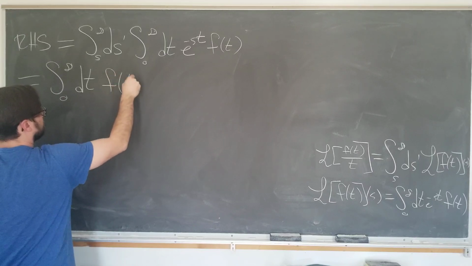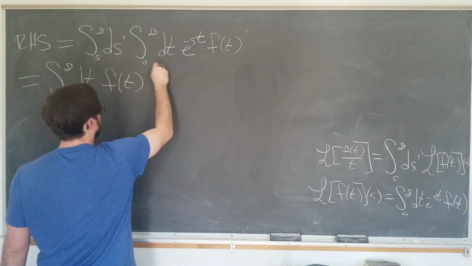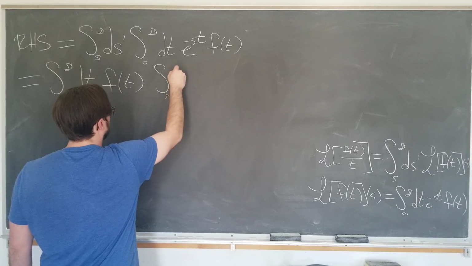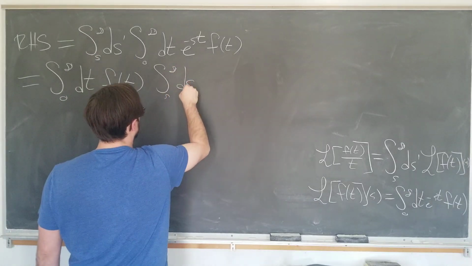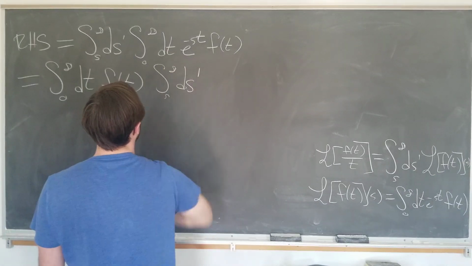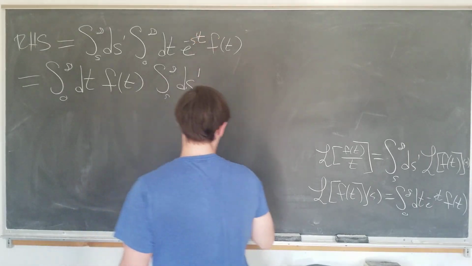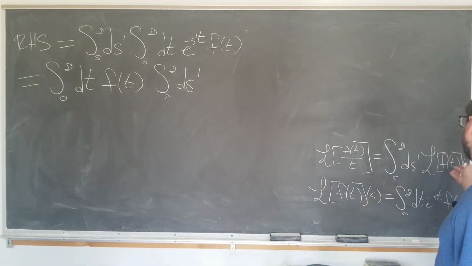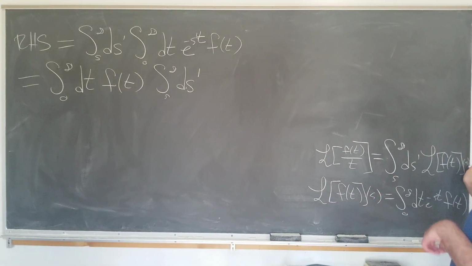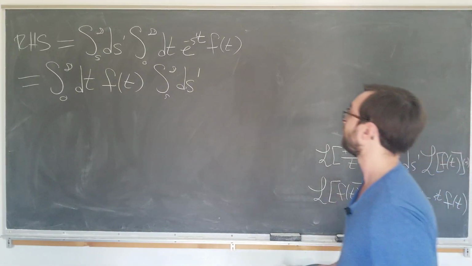Keep our function of time along for the ride. Now we integrate from s to infinity, new variable s prime. And, oh sorry, I made a small mistake here. There has to be an s prime here, since this is the Laplace transform of f of t with respect to s prime.